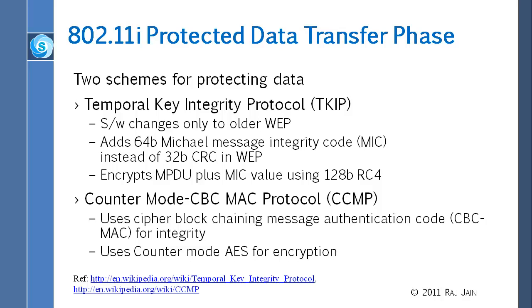Those are the only 2 changes. Another change was that the key is now a per packet key as opposed to previously it was a master key. Then CCMP, which is RSN or WPA2, uses cipher block chaining for integrity and counter mode AES for encryption.